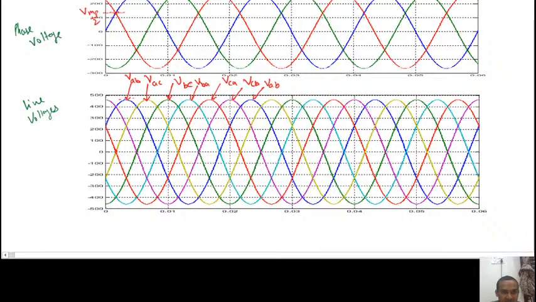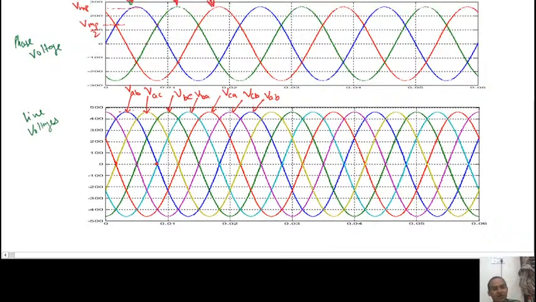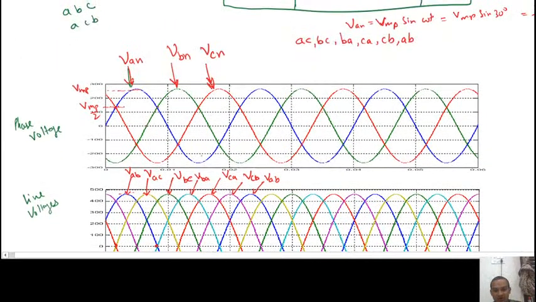From 0 till this point, the dark blue is positive, and at the same time the light blue BA was negative, and when BA became positive, AB became negative. So it is very simple. Don't get lost in these waveforms.